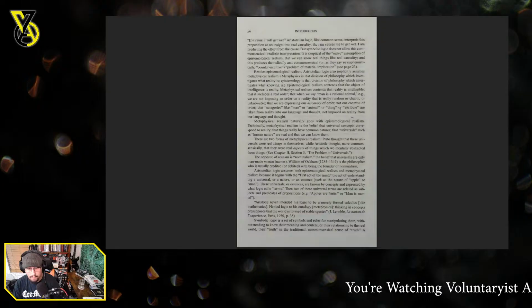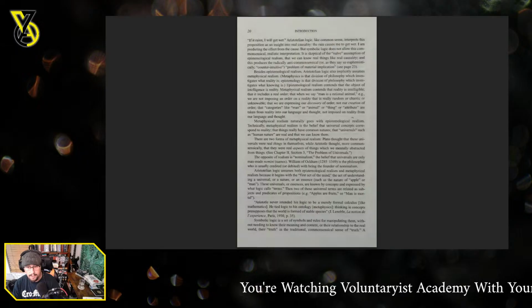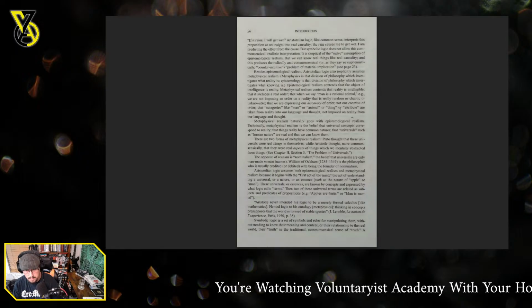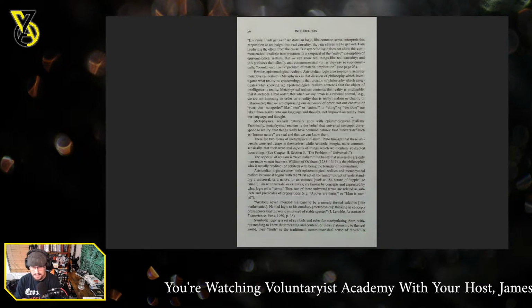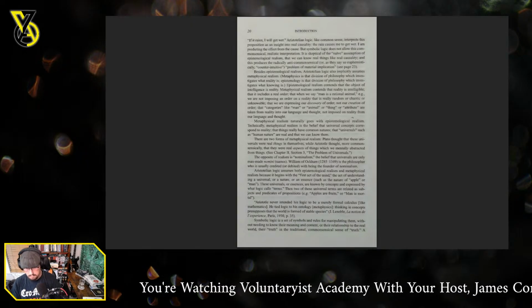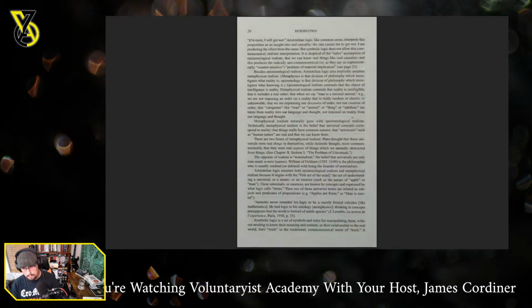These universals or essences are known by concepts and expressed by what logic calls terms. Then two of these universal terms are related as subjects and predicates of propositions, e.g., apples are fruits, or man is mortal.